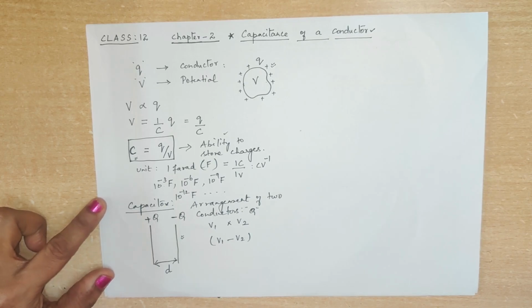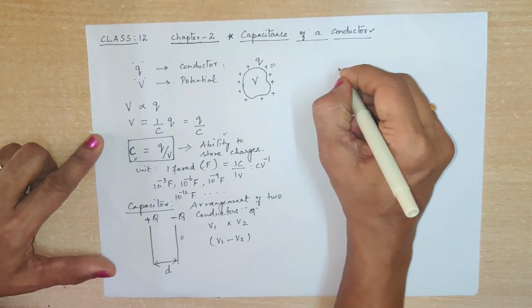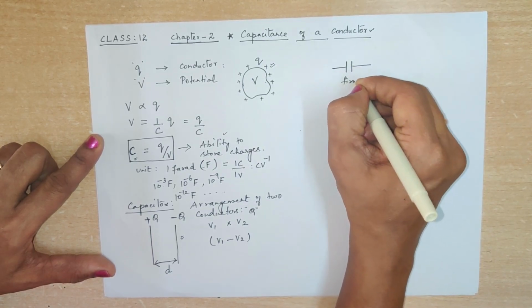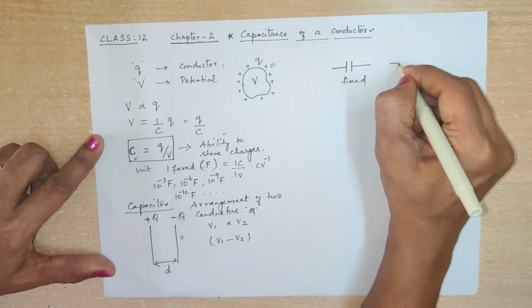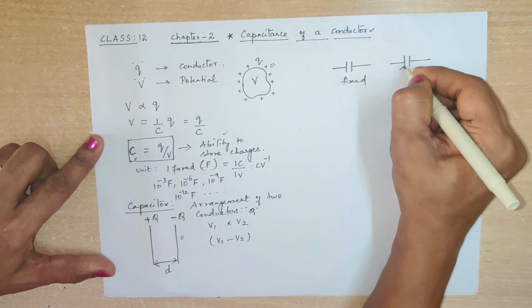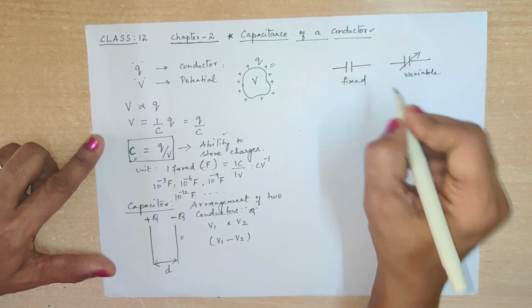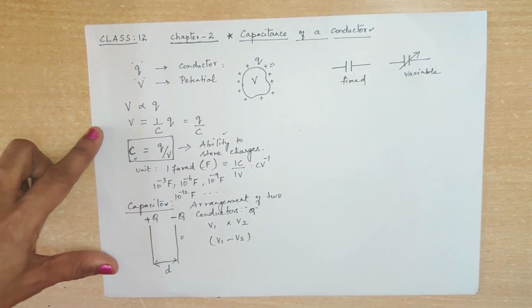Therefore, we can also express this in a circuit diagram. In the circuit diagram, we write the fixed capacitor in this order and the variable capacitor by showing an arrow through it. This is the symbol for circuit diagrams.